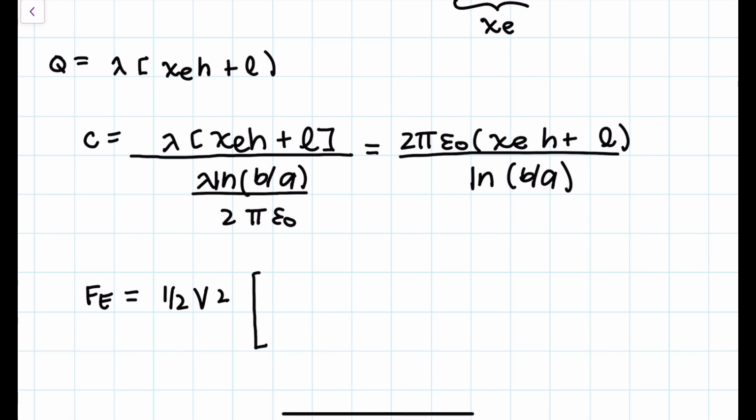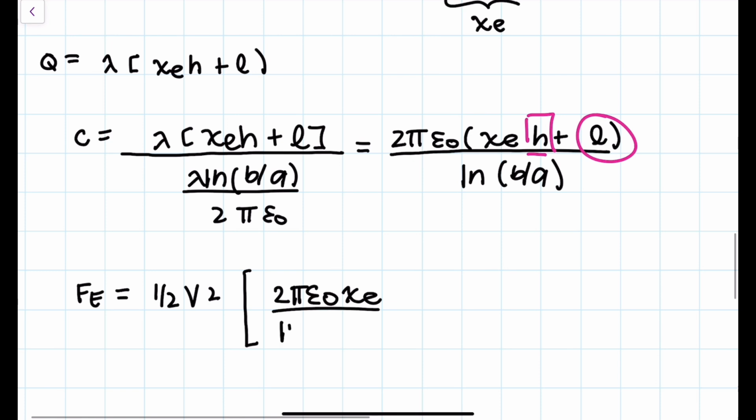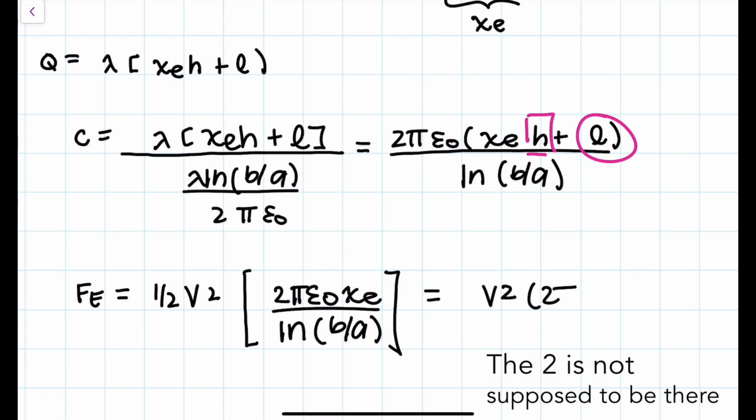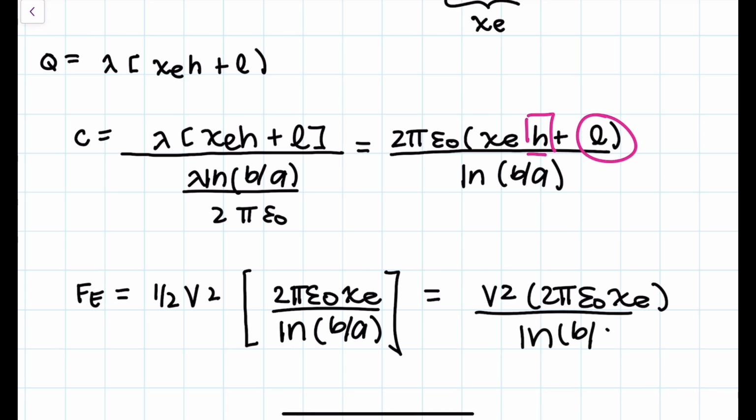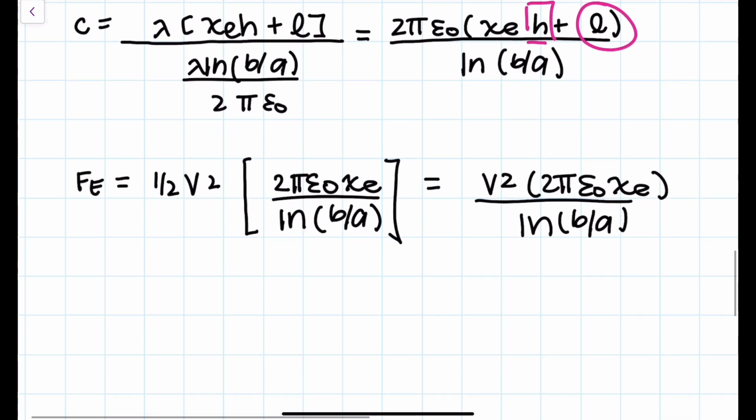This term is just a constant, and we only have one h, so this is what its derivative looks like. It's a pretty simple derivative. The 2's cancel out, so that is what the electric force is. Then let's find out what the weight is.